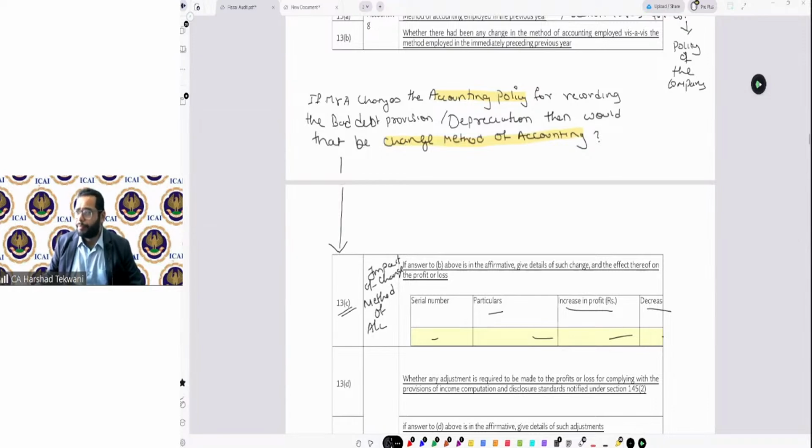Will you report the change in clause 13C?